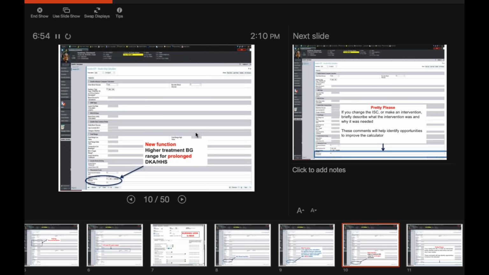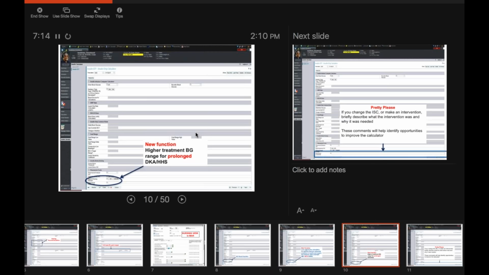Then, this function, this is the other reason we would have to call you and say, can you please reset the ISC every 1 to 2 hours all night long? So this is for our patients who have prolonged DKA or HHS that has not resolved in a typical time frame.